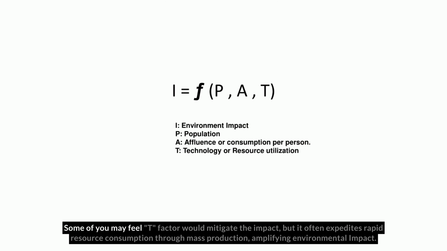Some of you may feel the T factor would mitigate the impact, but it often expedites rapid resource consumption through mass production, amplifying environmental impact. We should carefully evaluate the use of technology and aim to use technology to significantly reduce the overall impact. This equation reminds us that our design decisions, such as material selection, energy efficiency, and construction waste management, directly influence environmental impact.